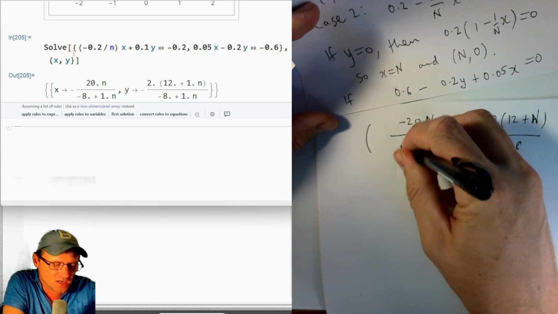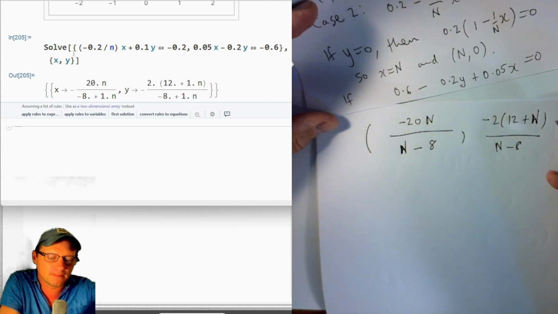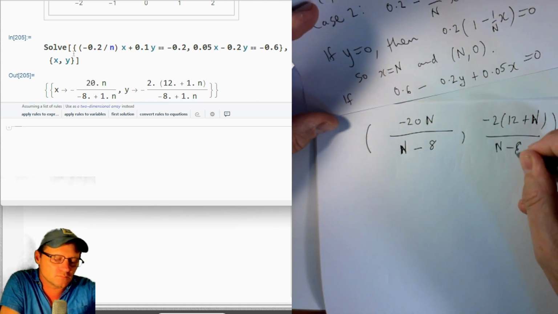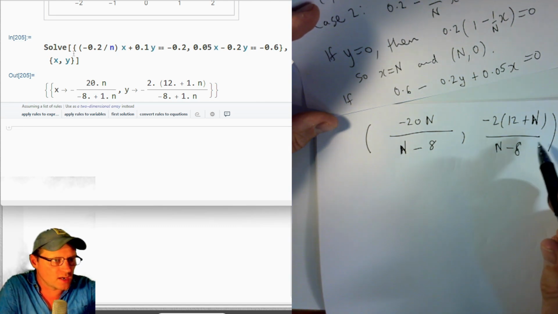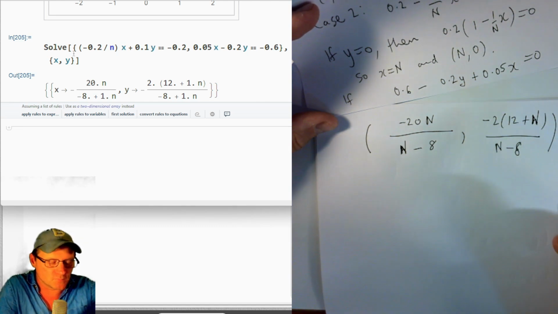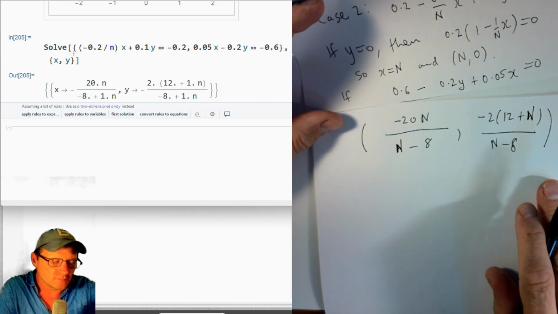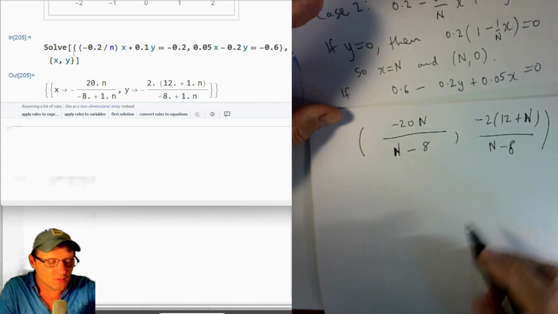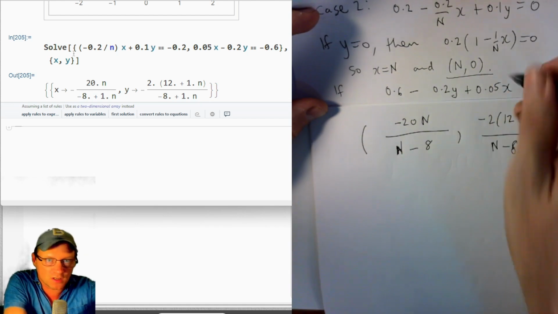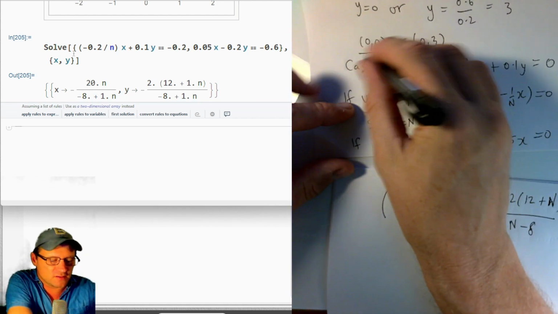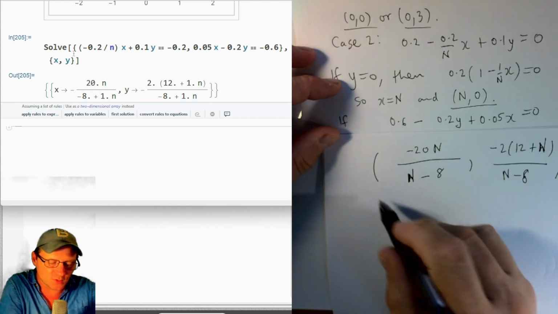And I should go with uppercase here to be consistent. Okay, yes, that looks correct. All right, and so this is our fourth possibility. So we have this one, we have these two, and we have this.